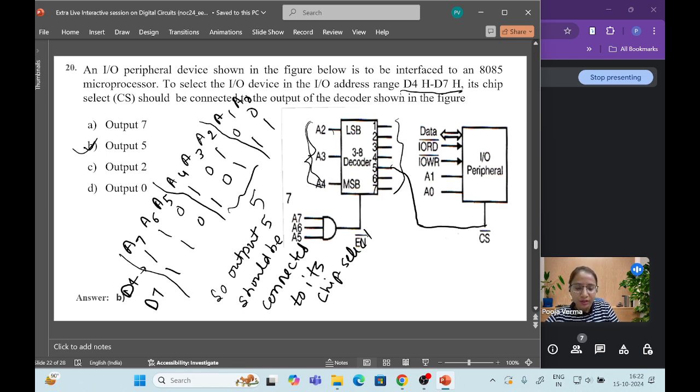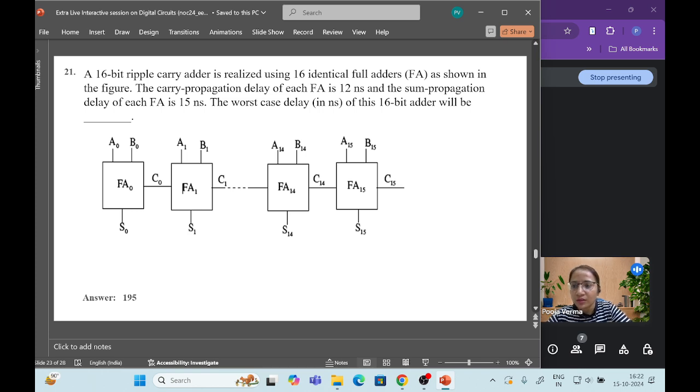So moving to the next question. The next question is: a 16-bit ripple carry adder is realized using 16 identical full adders, as shown in the figure.